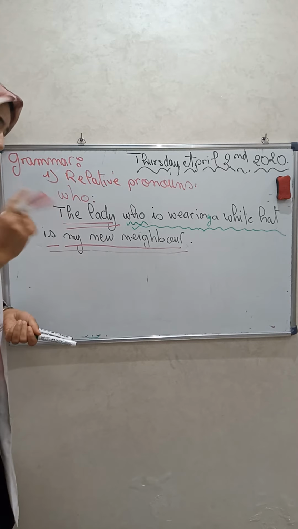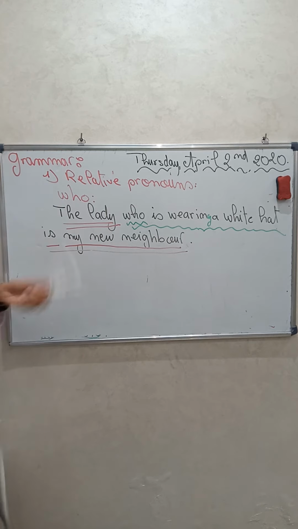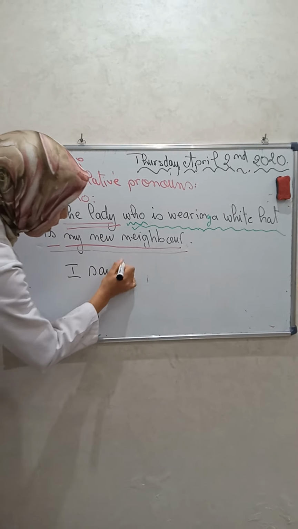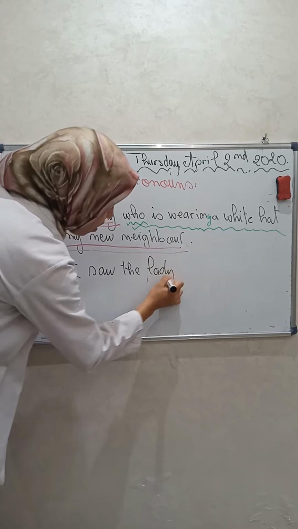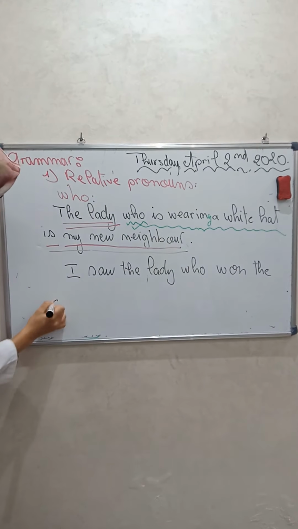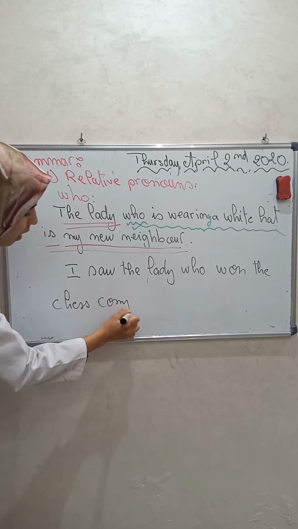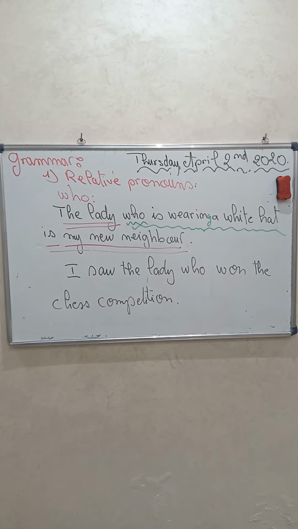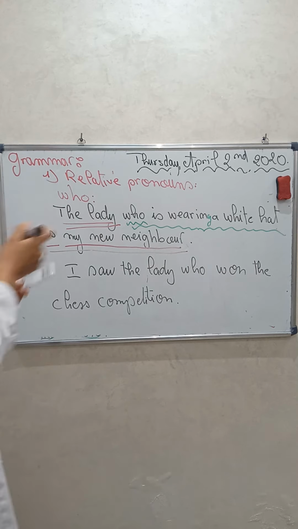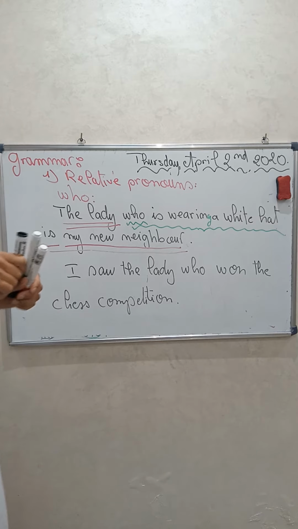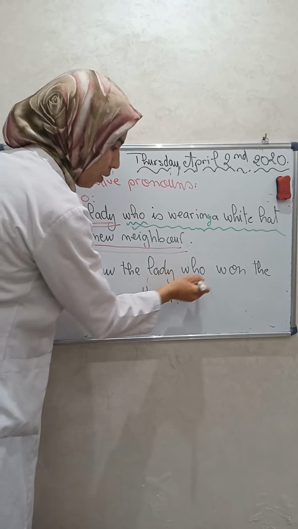Okay? Next, the other example I'm going to provide you with. I saw the lady who won the chess competition. Here again, we have a relative pronoun. It is who.